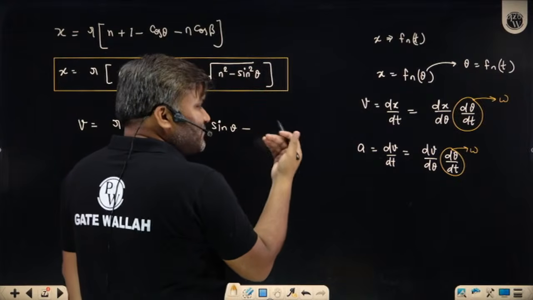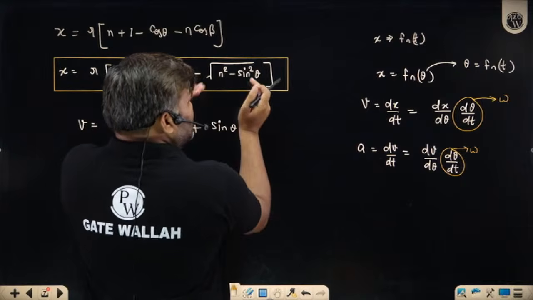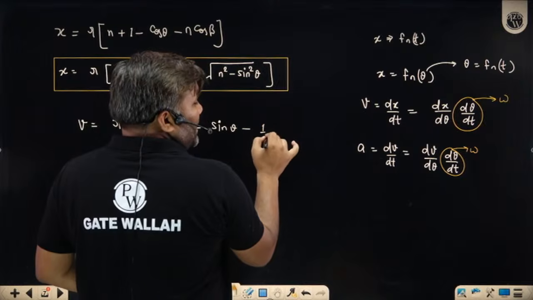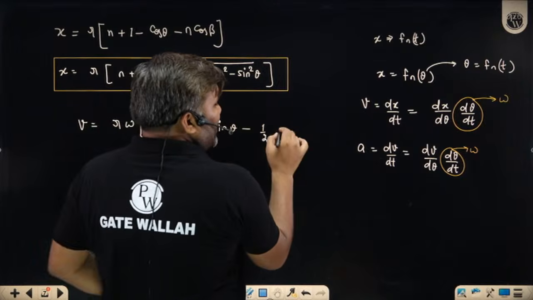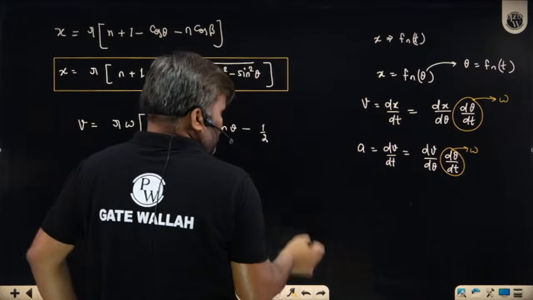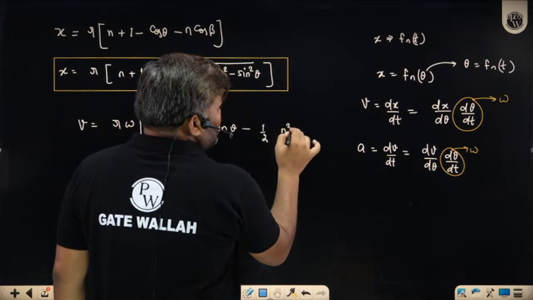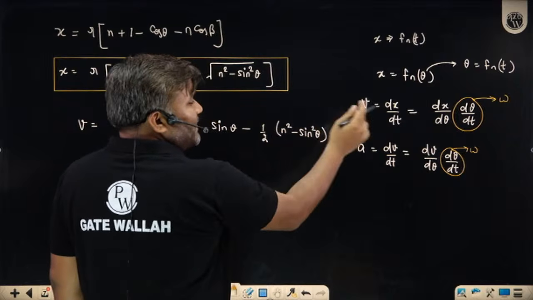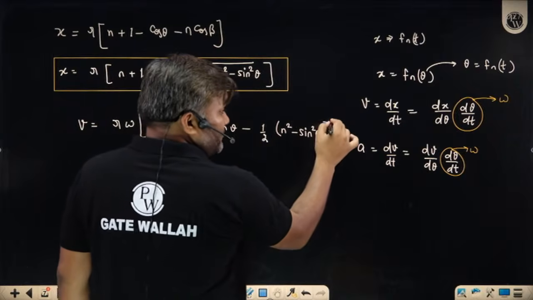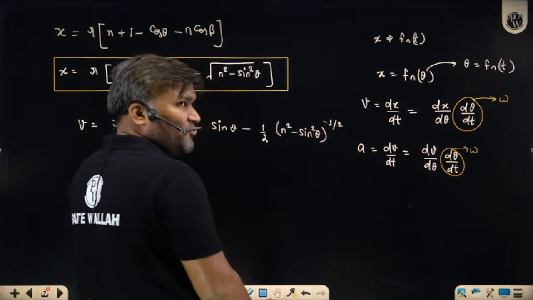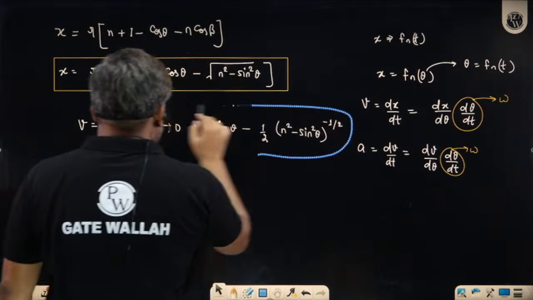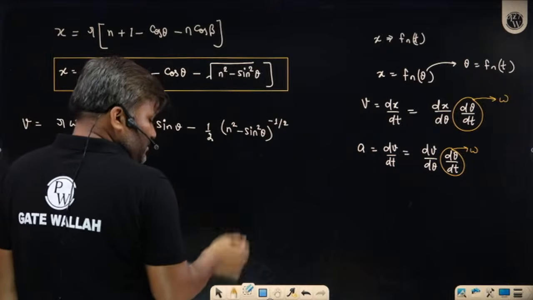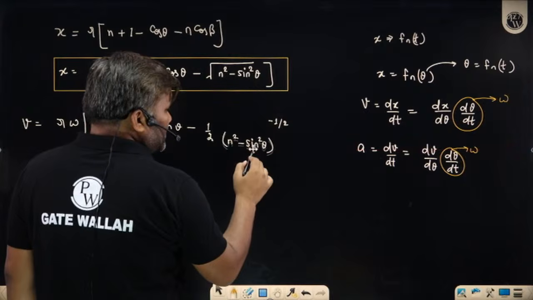How do we differentiate this? It will be something raised to the power half. So it becomes half, whatever term we have under root, n square minus sin square theta, with power half minus 1, minus half. What is the meaning of minus half? 1 upon under root. So can I write it like this?